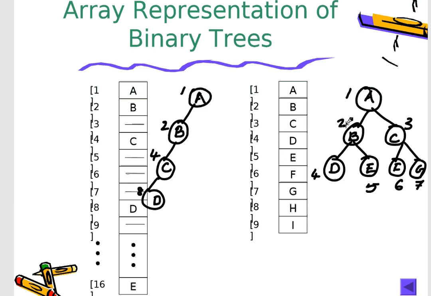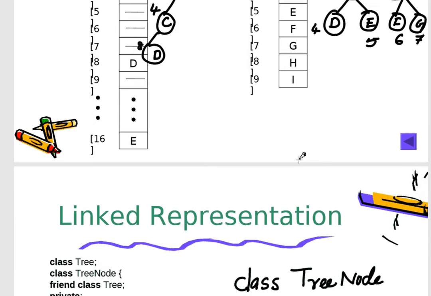B is in the second position. Now 2 into 2 is 4, so in the fourth position I can store D. And then where will I store E, because this is the right child of B? B is in position 2, so 2 into 2 plus 1: in the fifth position I can store E. It goes on. So this is the array representation of a binary tree.